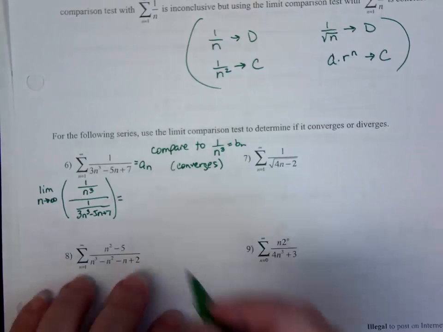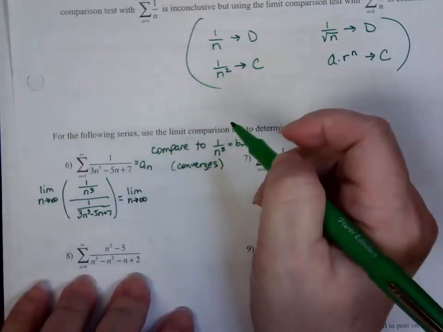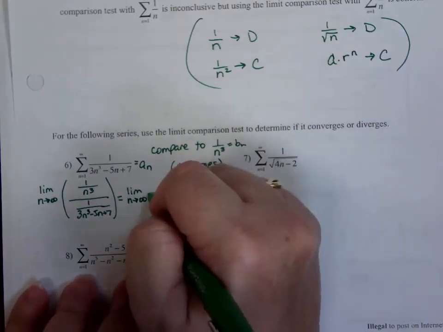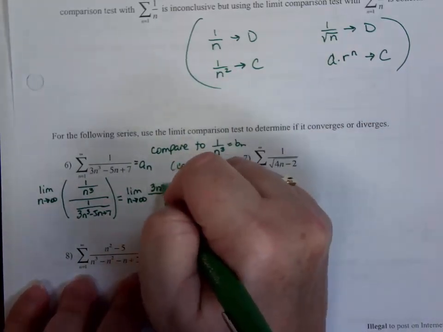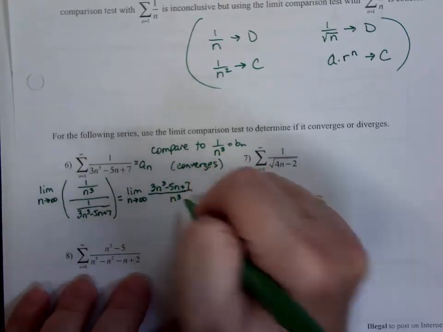Okay. Limit as n approaches infinity, flip it up, clean it up. So that means it'd be 3n cubed minus 5n plus 7 over n to the third.